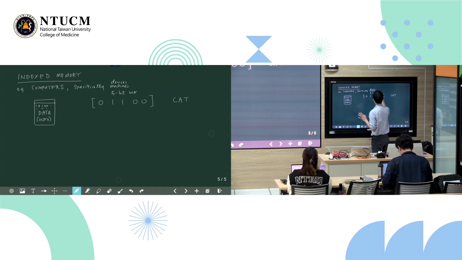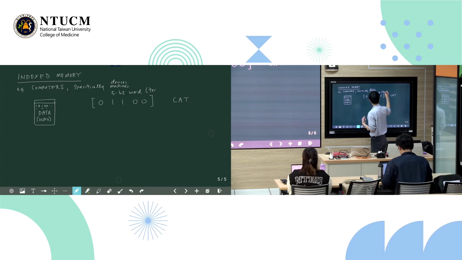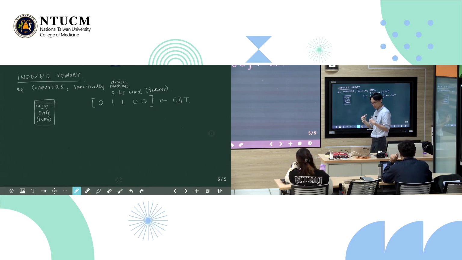It's a 5-bit word. This 5-bit word could represent different types of information or features, and we say that these features represent what a cat is in the external world.